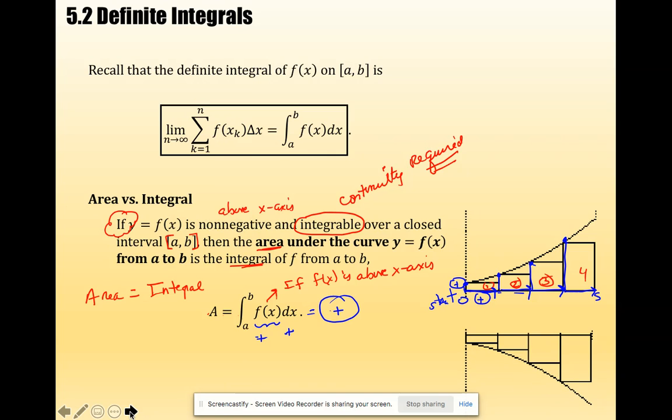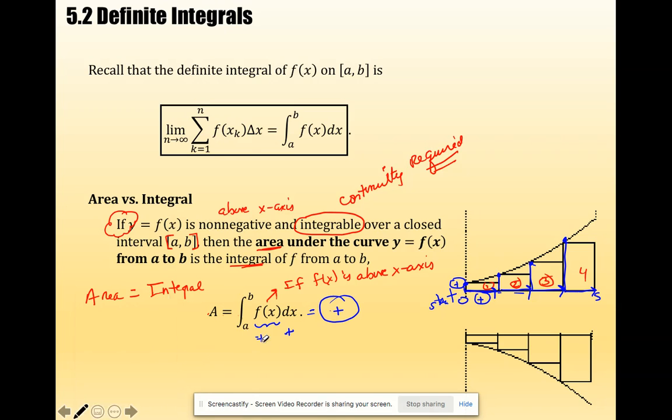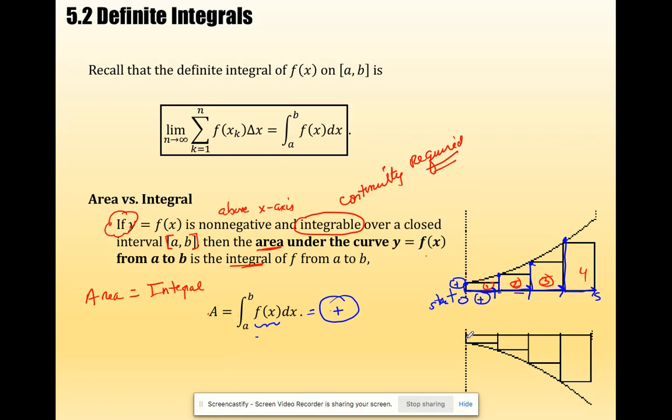What if you're not above the x-axis? What changes? What if this is no longer true? What is happening? My function heights are what? Right, what are my function heights?